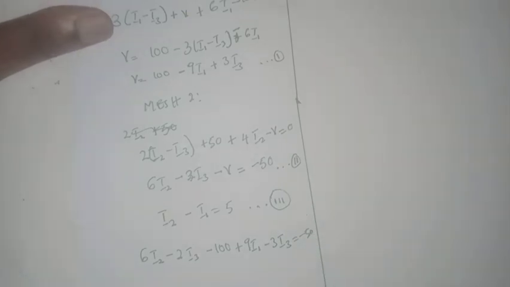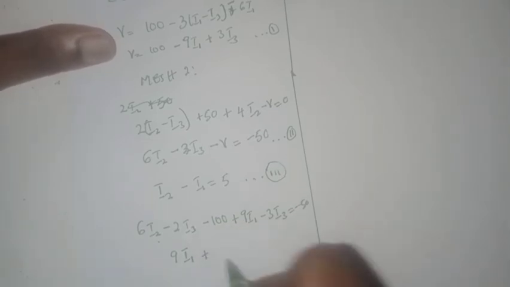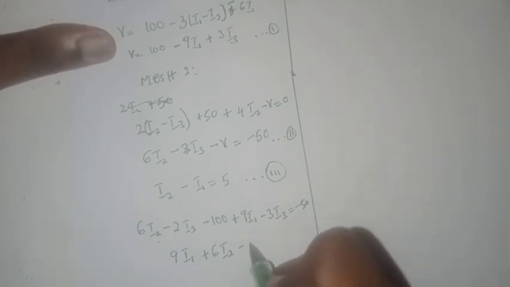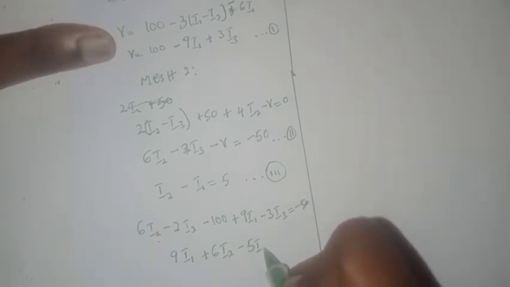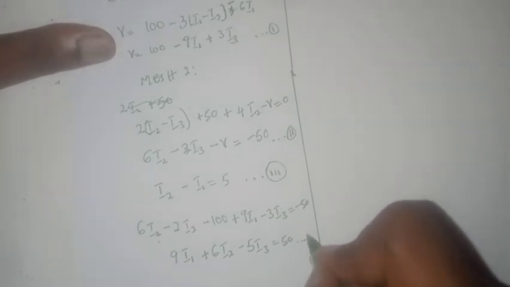We can then simplify this further, and we would have 9I1 plus 6I2 minus 5I3 equals 50. Let's call this the fourth equation.